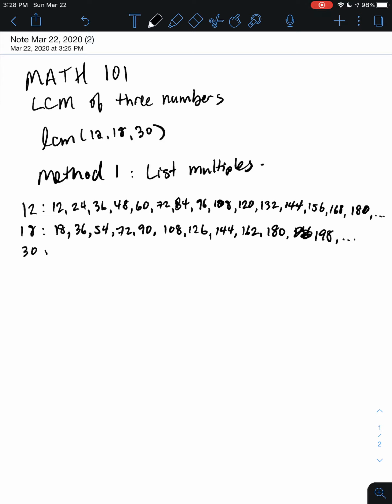Let's look at the multiples of 30. This one's easy: 30, 60, 90, 120, 150, 180.